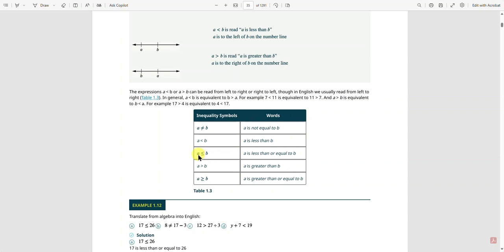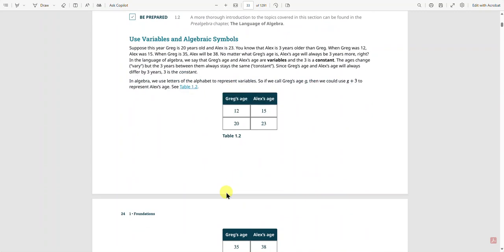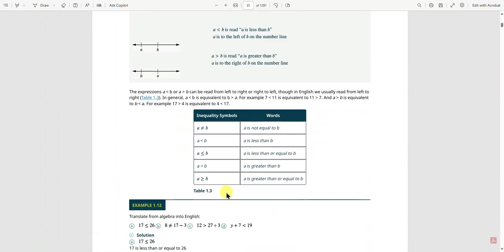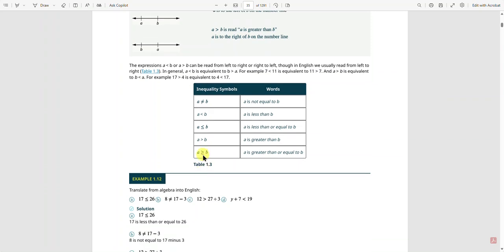So we read this as A is less than or equal to B. So this is saying A is not greater than B. A is either less than or equal to B. Here we see A is greater than B. Here we see A is greater than or equal to B. This is equivalent to saying A is not less than B, but is greater than or equal to.